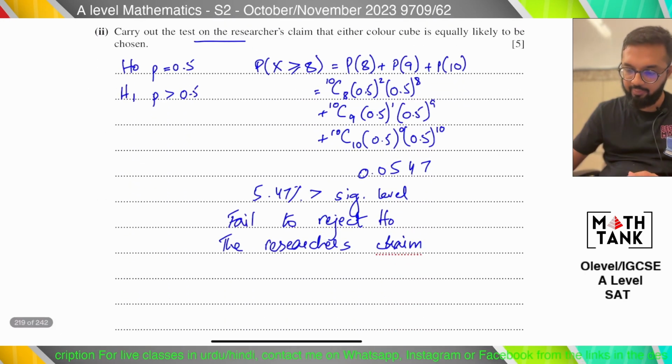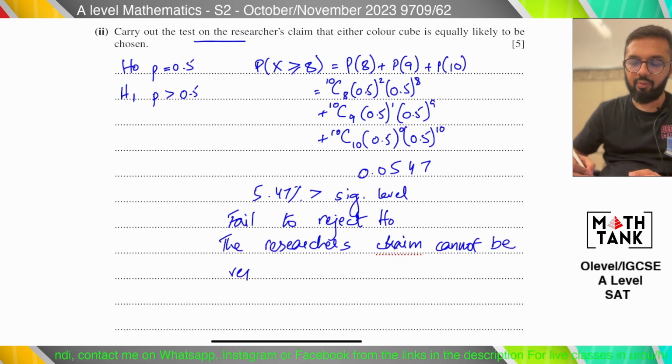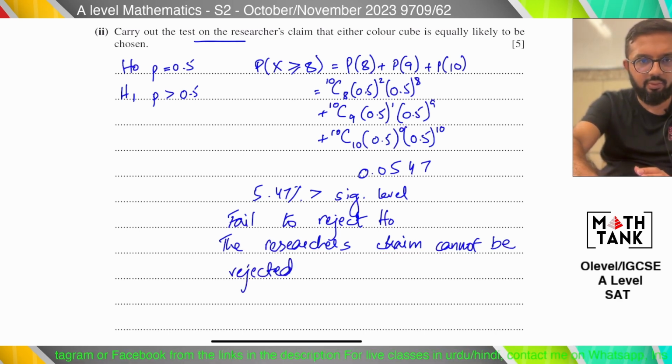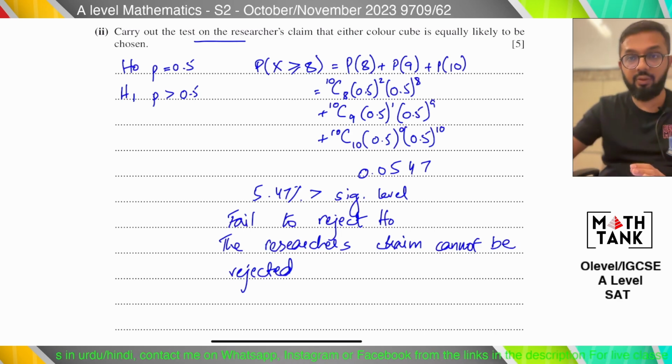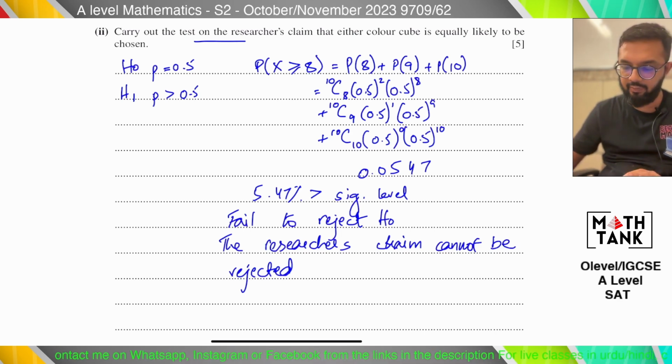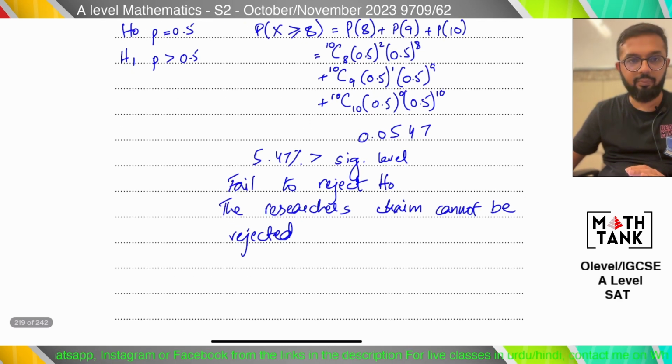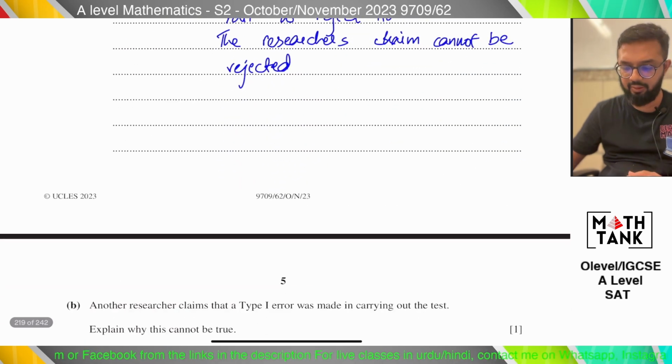So the magazine may have been incorrect. There is insufficient evidence to accept the hypothesis that boys prefer green. So you could write that, or there is sufficient evidence to accept the researcher's claim.